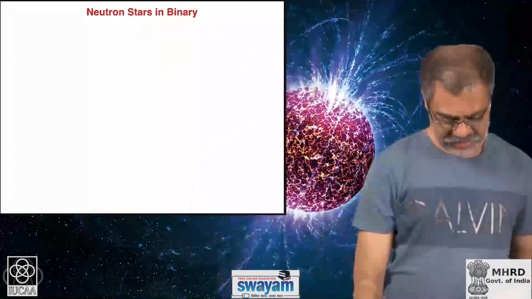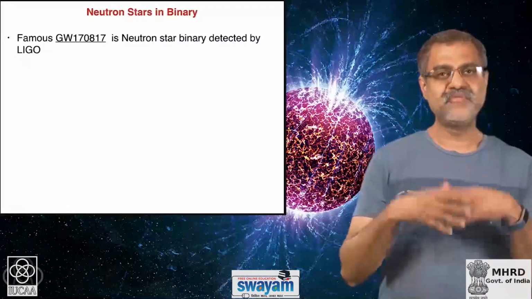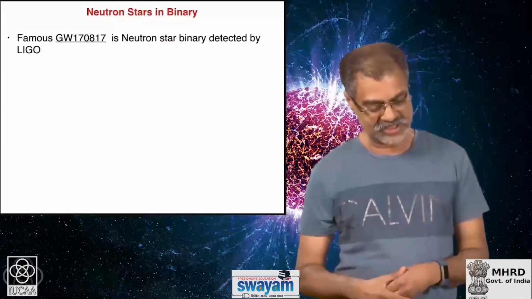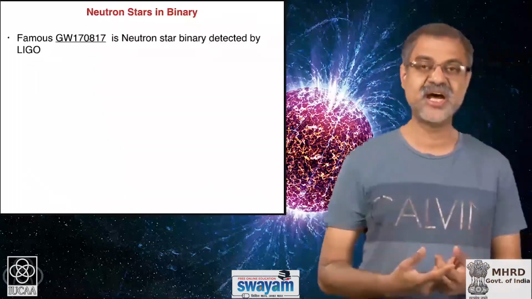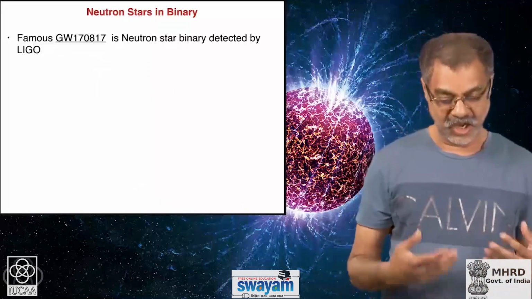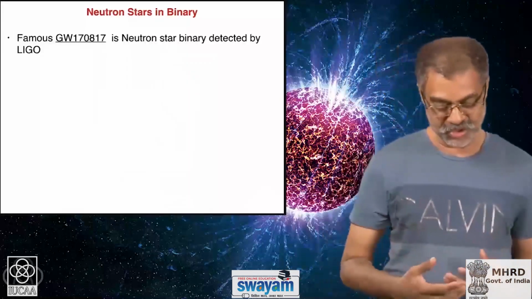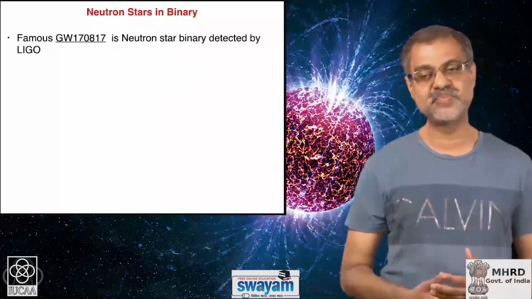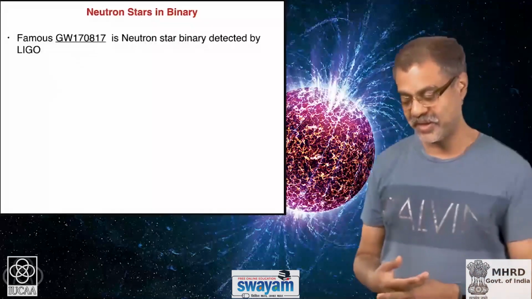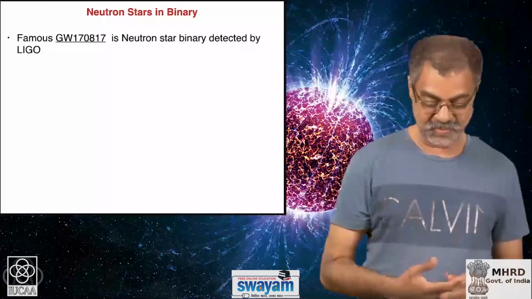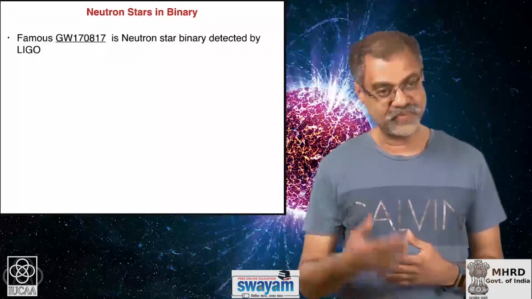On the other hand, if you have binary stars, compact binary stars made up of neutron stars, then in addition to gravitational waves, you could also have a very spectacular display in the electromagnetic band with various frequencies from gamma rays to radio waves.